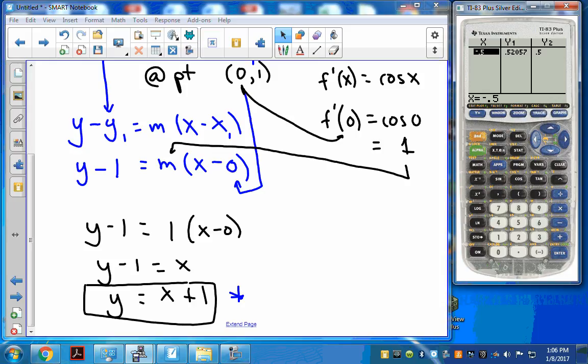Okay, so let's go down and put in another x value, like negative 0.1. And we get the functional value and the line. And we put in negative 0.01, okay, and we get some more.